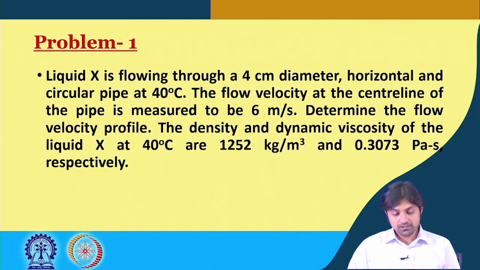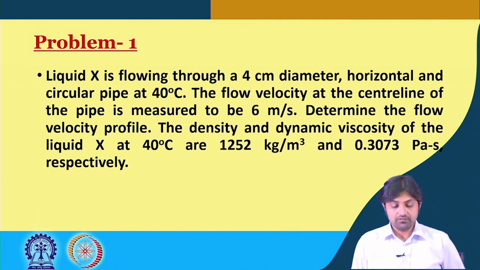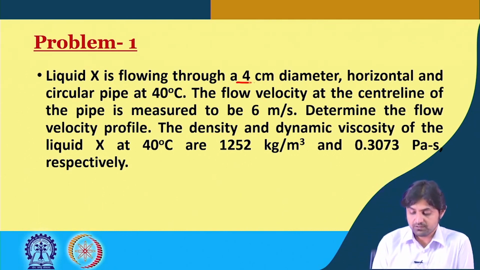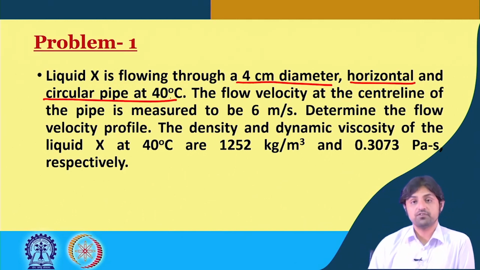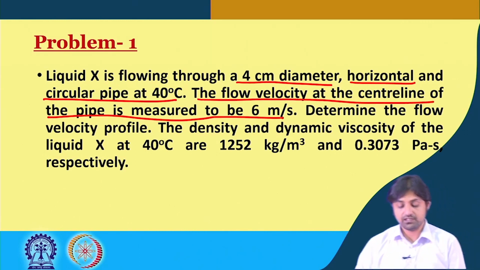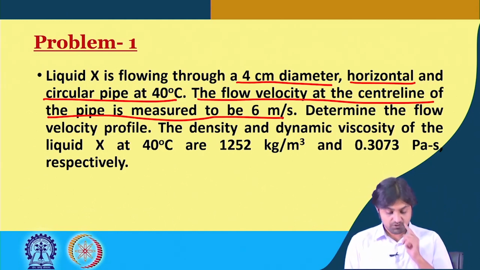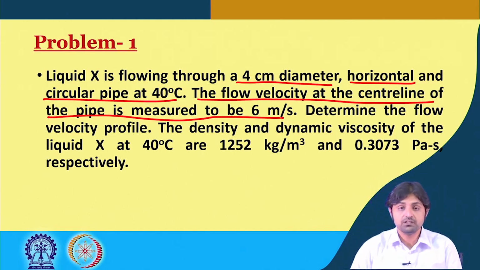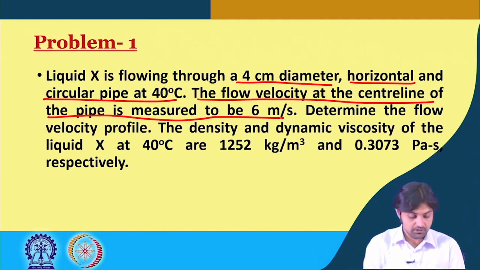So the problem is, there is a liquid X which is flowing through a 4 centimeter diameter horizontal circular pipe at 40 degree centigrade. This is what we have done before, okay. The flow velocity at the center line of the pipe is measured to be 6 meters per second. So basically what this says, we have measured the center line velocity of the pipe, okay.